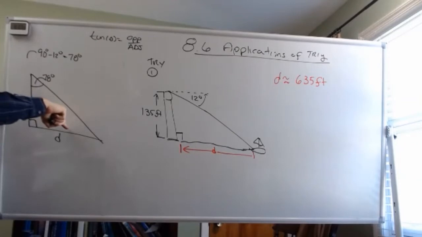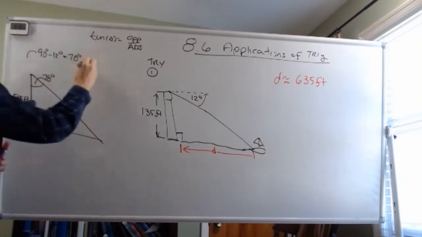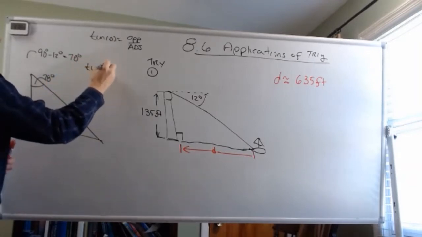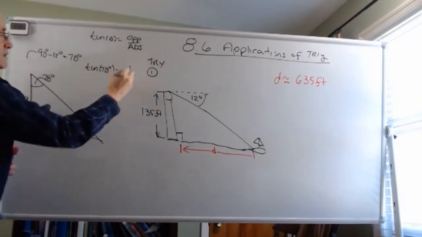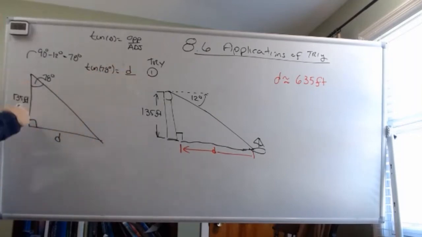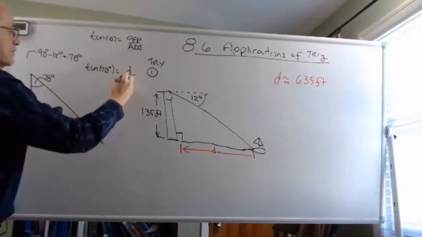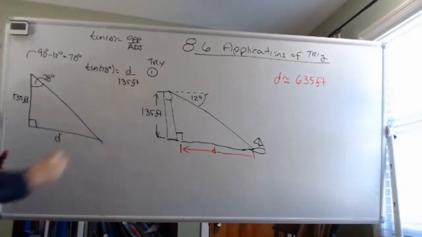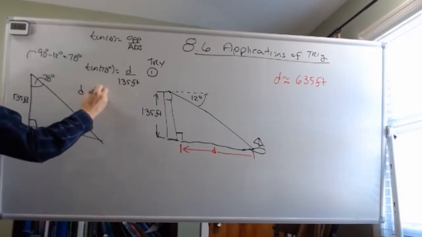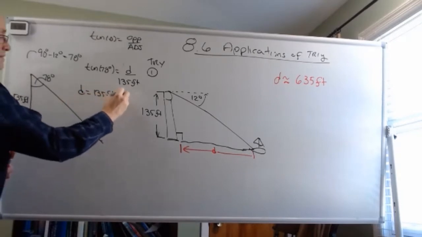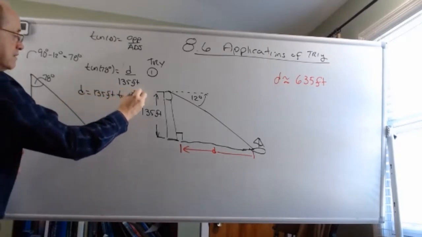So the opposite side is D, and the adjacent is the height. So my tangent of 78 degrees is the opposite, that's what I'm looking for, over my adjacent, which is 135 feet. Then I can solve this for D. So D is 135 feet times the tangent of 78 degrees.